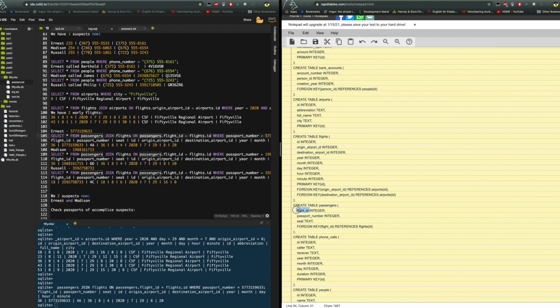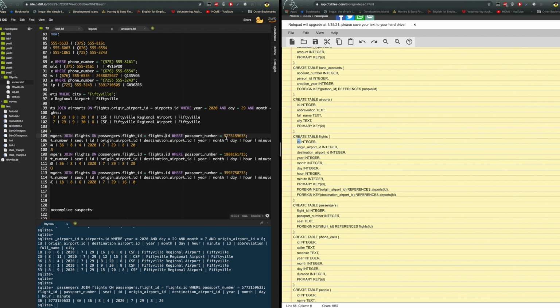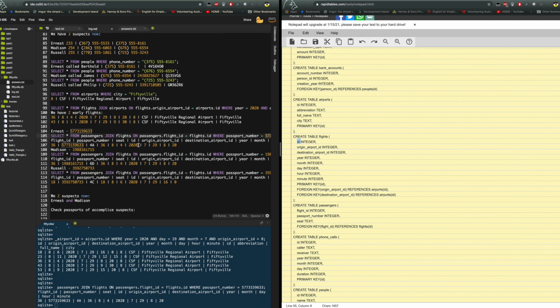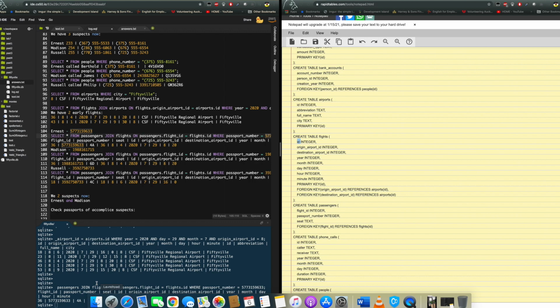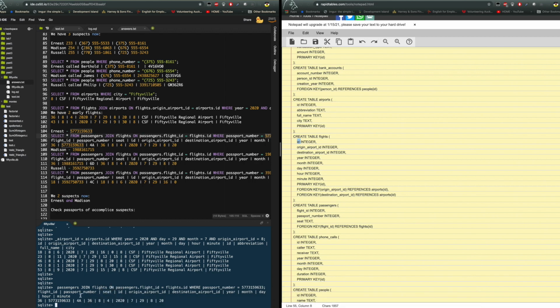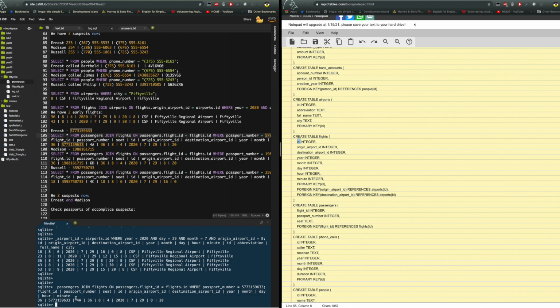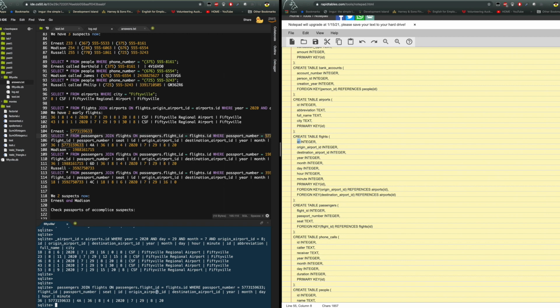So you can see flight ID, they're related to flight ID integer. So I joined the table where passport number is Ernest's number. That's what SQL came back with: passport number, seat ID, origin airport, destination airport, year and month. That's the basic information that we need. So he took a flight on the 29th at 8:20 a.m.